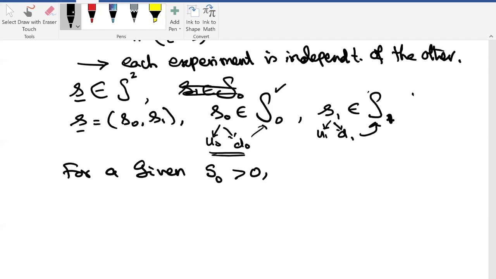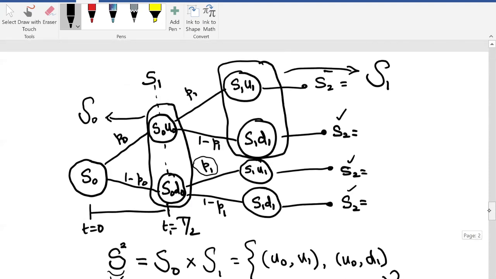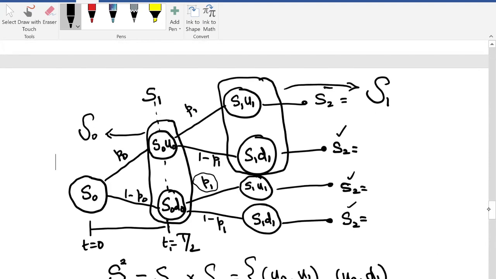For a given S naught greater than 0, define the random variable like this. X of S is equal to, how will you define? You can see that the idea comes from here. Suppose you are going for this, you go as S1 D1, right? But what is S1 in this case? It is nothing but S0 D0. Therefore, it is S0 D0 into D1, therefore S0 D0 D1.